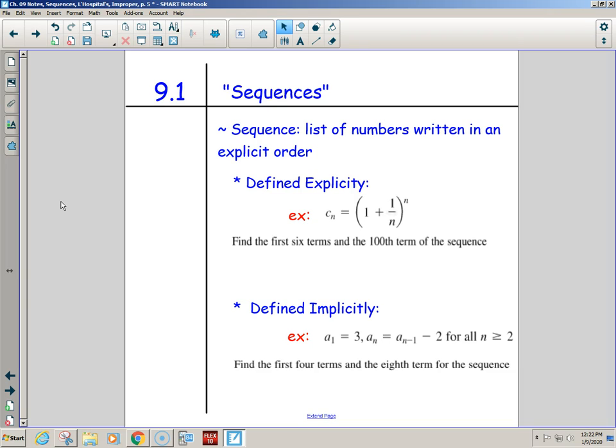Sequence, a list of numbers written in an explicit order. Back in pre-cal, we would say basically it's a rectangular array of numbers. Basically, number, comma, number, comma, number, comma. Sometimes there's a pattern. Fibonacci, it's a sequence. Arithmetic, geometric, special types of sequences.